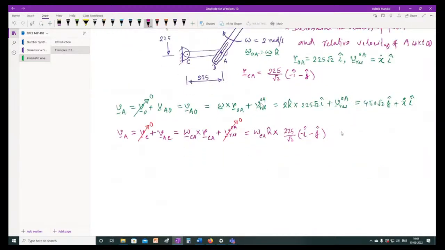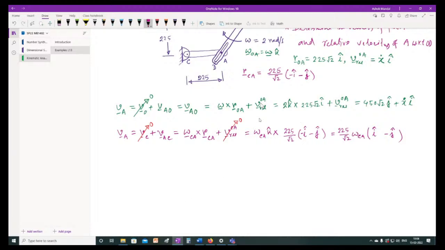Can we do the multiplication? So this is 225 by root 2 omega CA, and then we have K into i is minus j, and K j is minus i. Okay? Yes, sir.